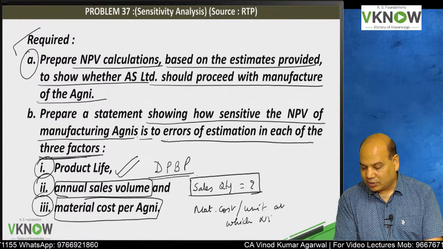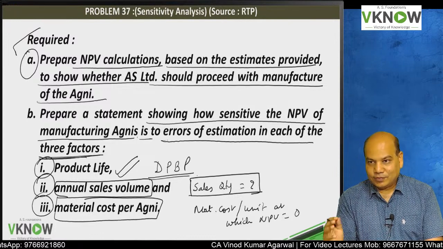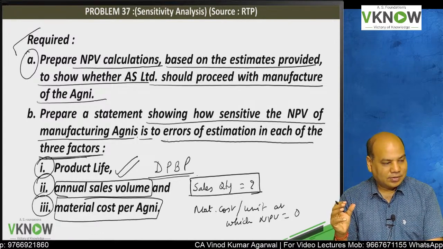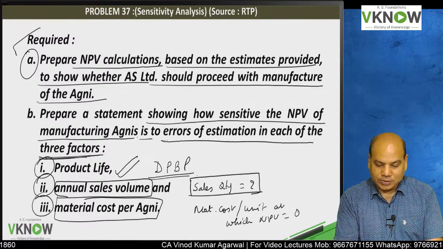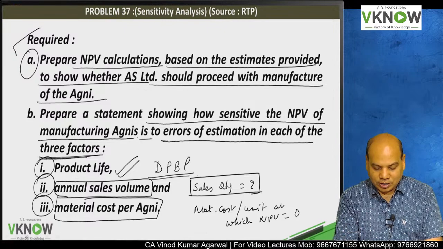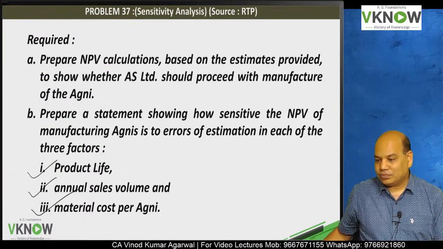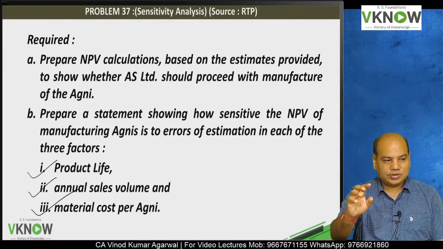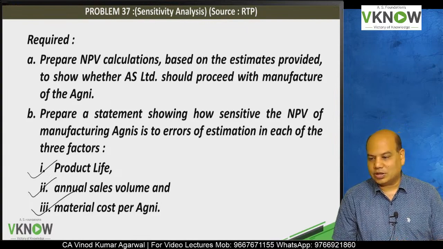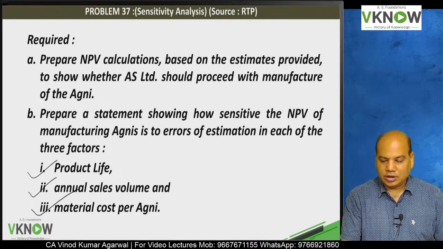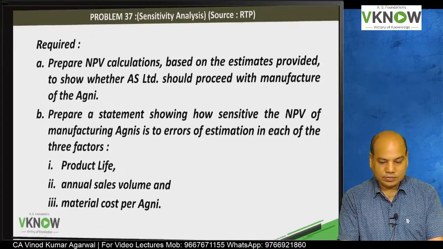So some mathematics skill will be required. You have to do some mathematical calculation and find out what should be the quantity, what should be the material cost, and each item is examined independently. That means we will check one variable at a time, keeping other variables constant. But first answer first.